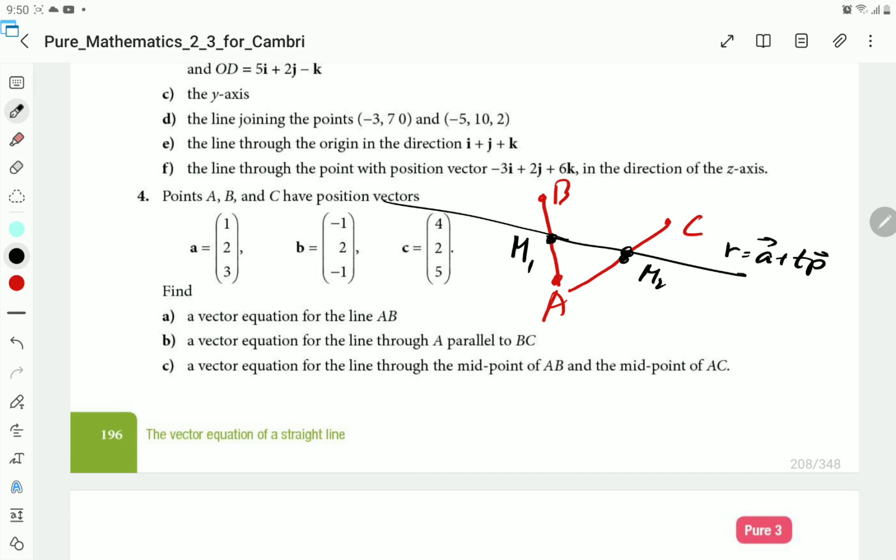We don't know the M1 and M2. So therefore, we need to find the OM1. And what is that OM1?